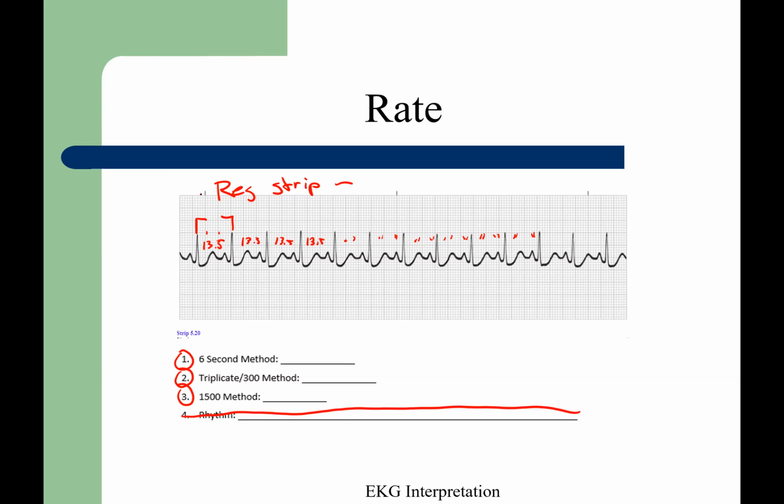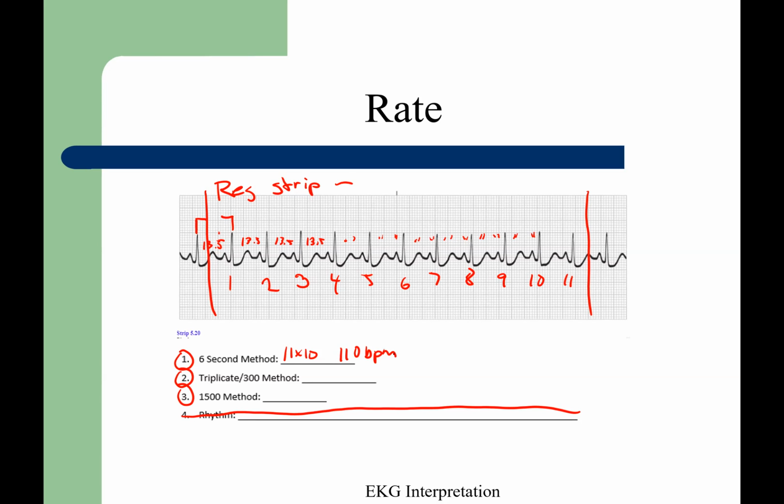So if I do the 6-second method, there's my 6-second markers. I have 1, 2, 3, 4, 5, 6, 7, 8, 9, 10, 11 beats. 11 times 10 gives me 110 beats per minute.